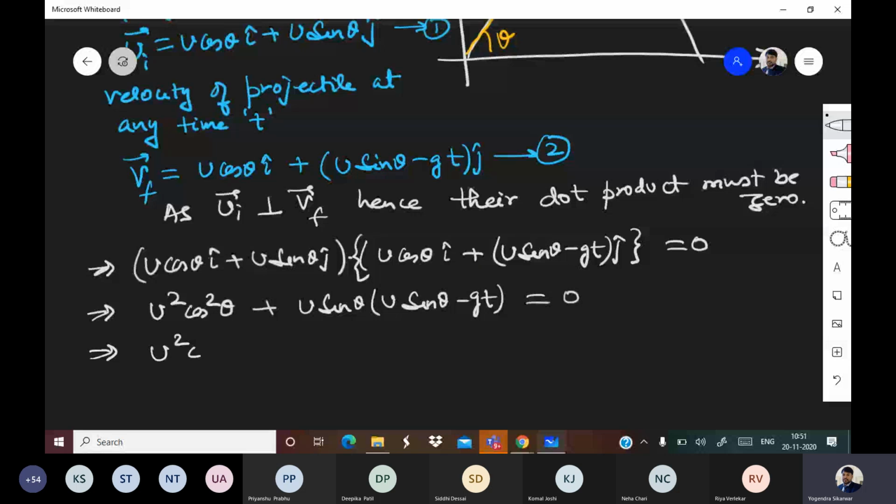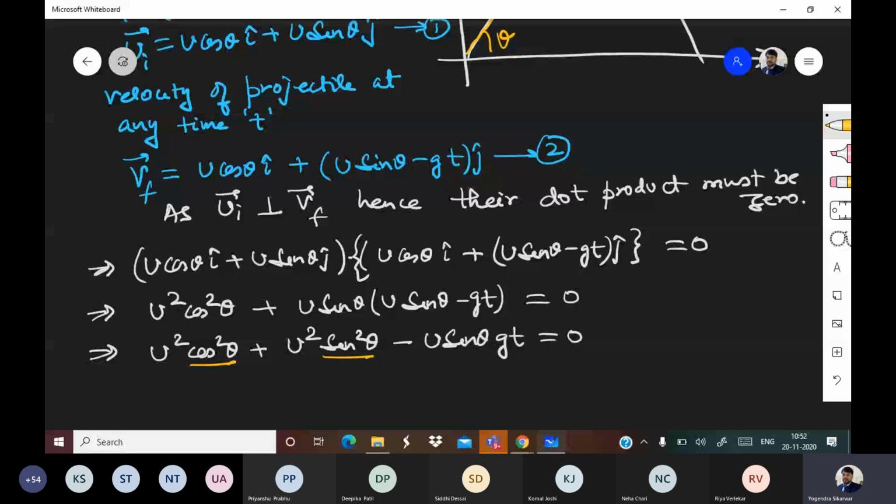So u square cos square theta plus u square sin square theta minus u sin theta into gt is equal to 0. Now u square times cos square theta plus sin square theta will be 1. This sin square theta and this cos square theta, sum of that will be 1.